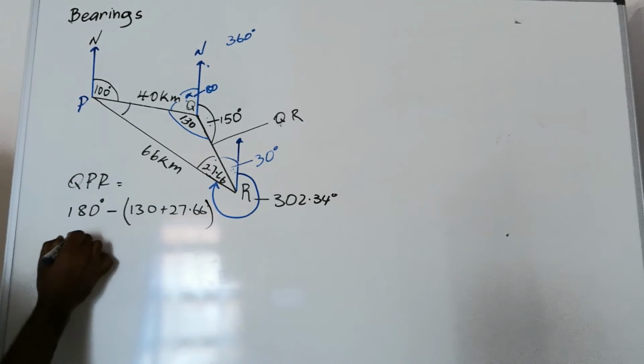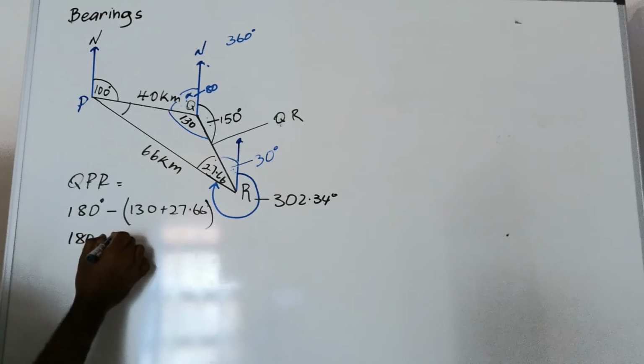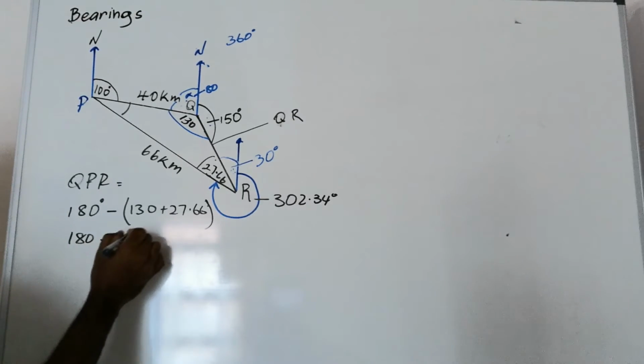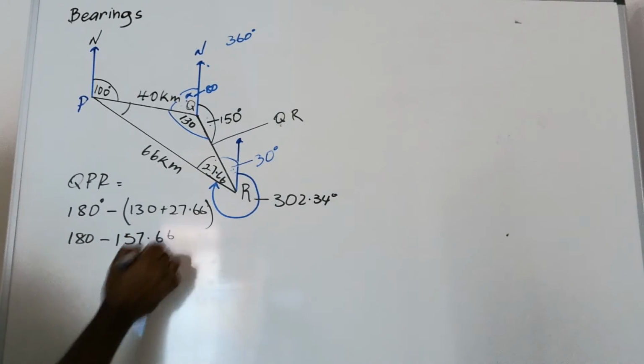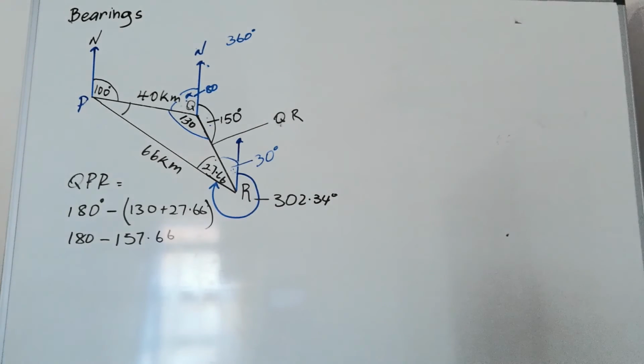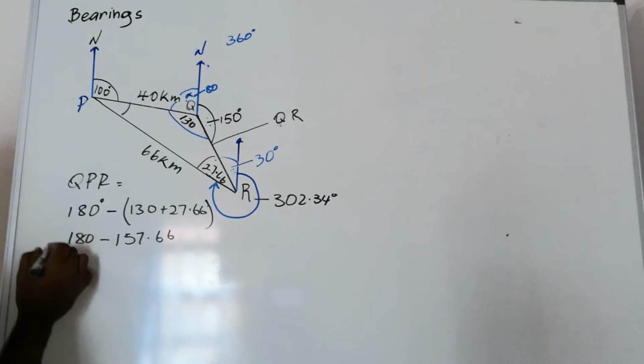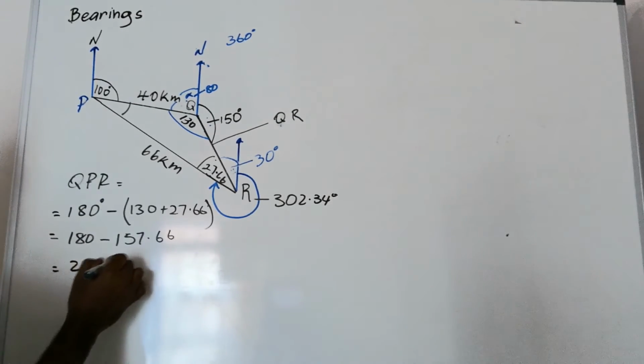That will give us 180 minus 157.66. That we will then have 180 subtract 157.66 will give us 22.34.